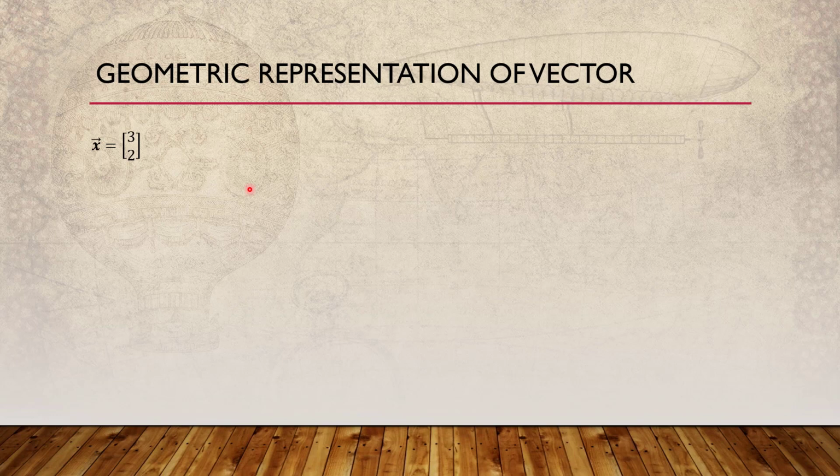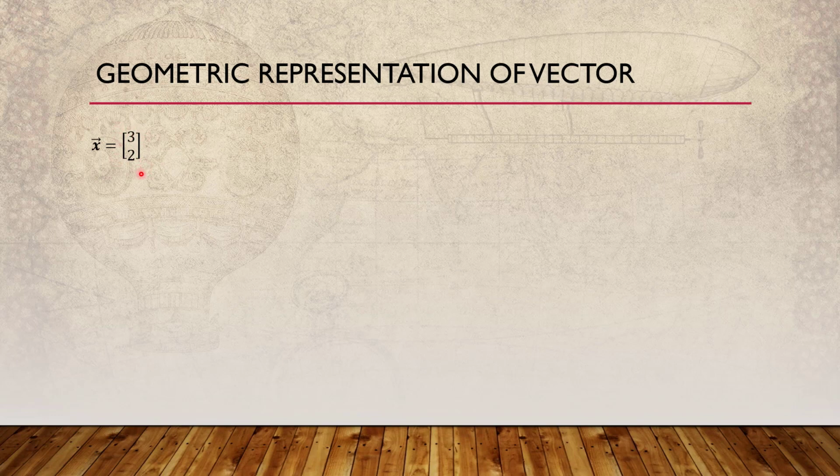Generally, when we talk about a vector we see it as a column vector. If you write it in row format, you can always take a transpose of it and it becomes the same format. So just to maintain the same format, I have written the vector like this.